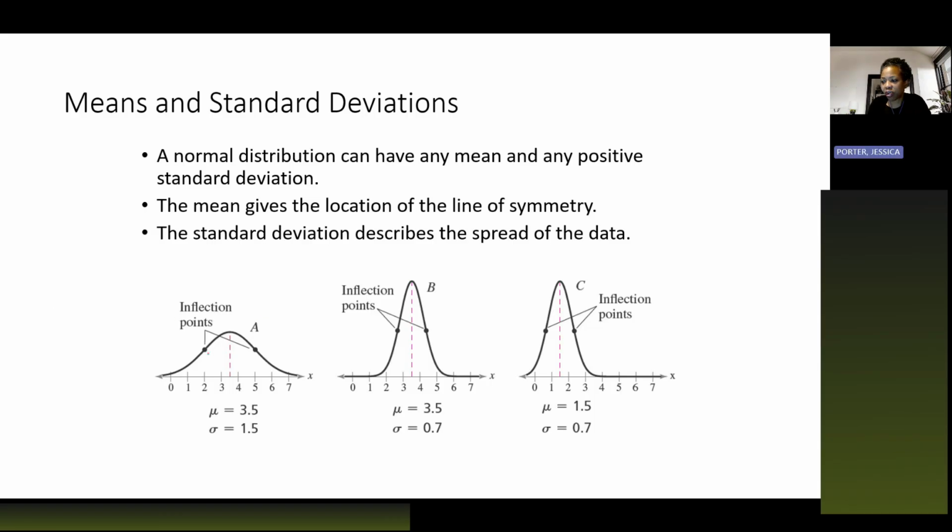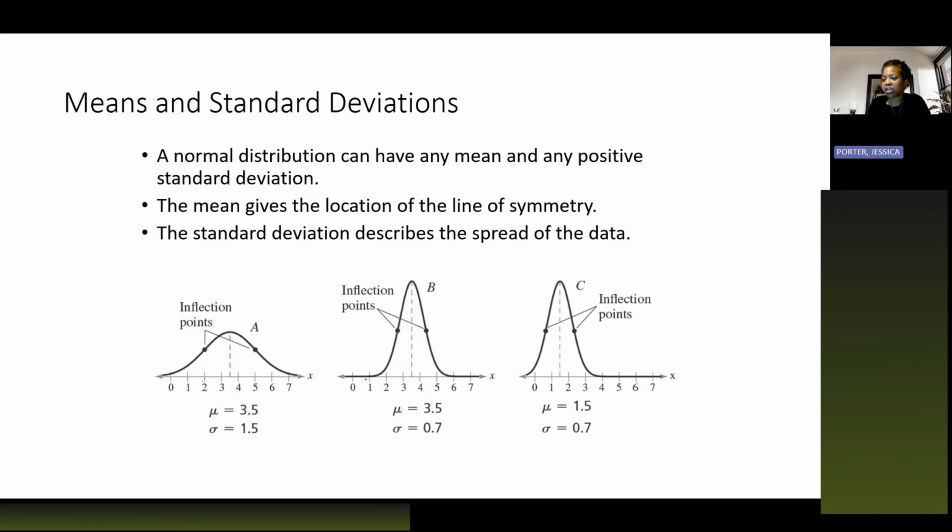The inflection points are at the first standard deviation, 1.5 away from 3.5, so it's at 2. And over here, I'm 1.5 away from 3.5, so I'm landing at 5. And notice that's my inflection point where I go from concave down to concave up.